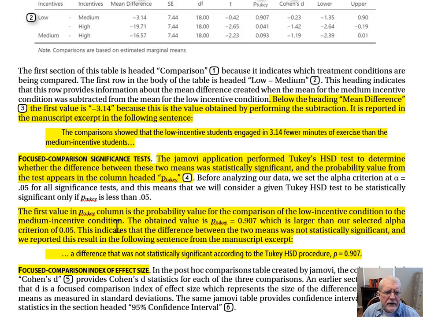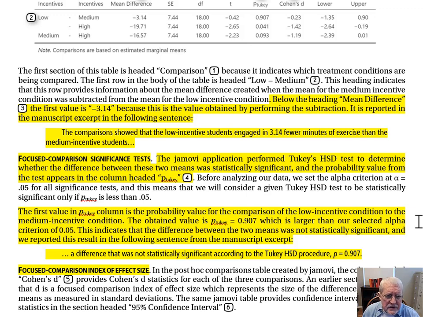The first value in this P Tukey column is the probability value for the comparison of the low incentive condition to the medium incentive condition. The obtained value of P Tukey is 0.907, which is larger than our selected alpha criterion of 0.05. This indicates that the difference between the two means was not statistically significant.